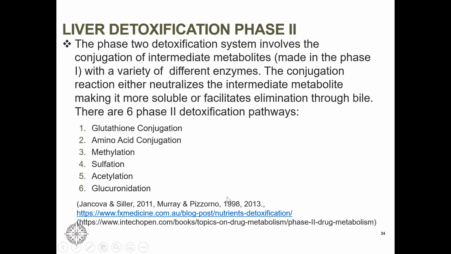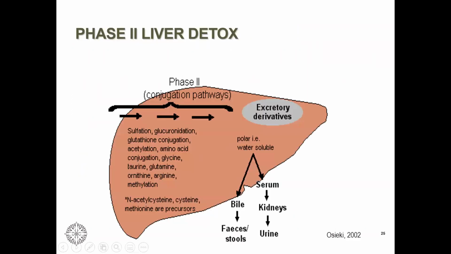So based on the chemical composition of the toxins, each of these pathways can take care of numerous toxins and just excrete them away. Okay, so these are the 6 pathways.